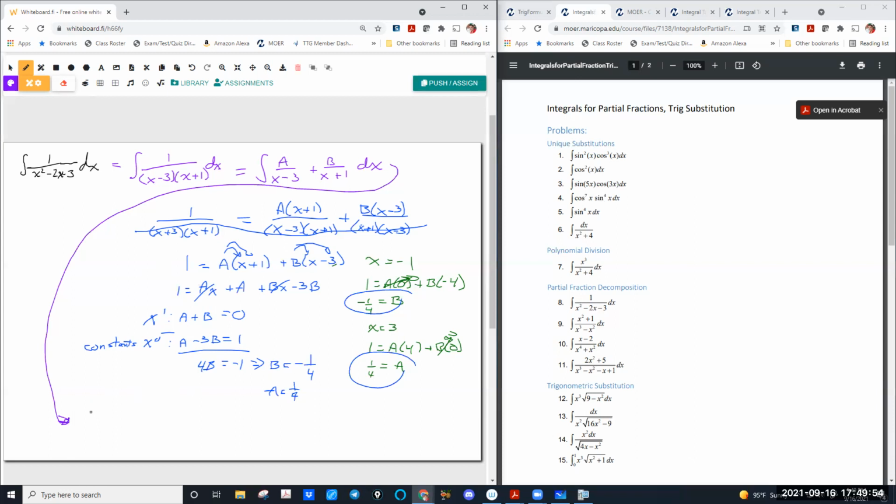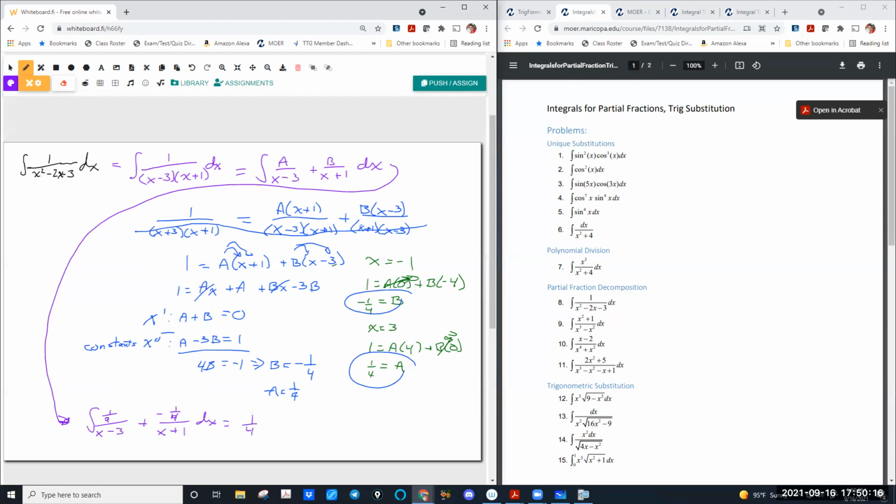You plug in the a and the b. So we have 1/4 over x minus 3 plus a negative 1/4 over x plus 1 dx. I'm going to pull those out and write these as separate integrals.